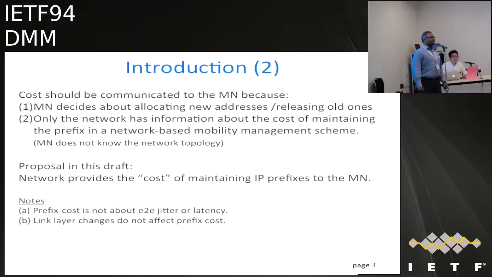So just a suggestion I have: you could twist this a little bit, and rather than providing information to the application about costs, you could expect applications to indicate what they're about to do and let the network take that into account and figure out what resources are going to be allocated.